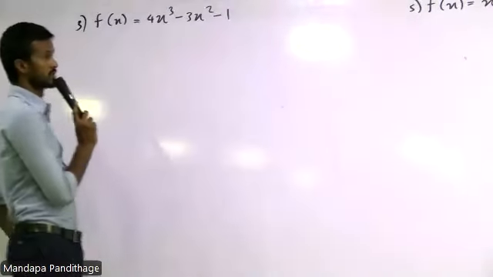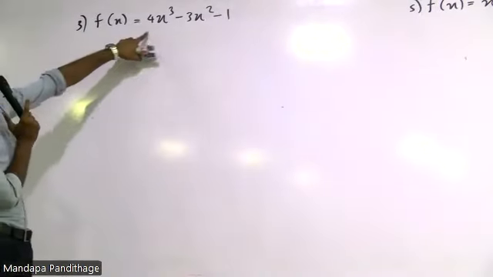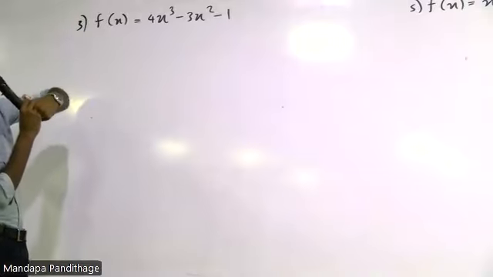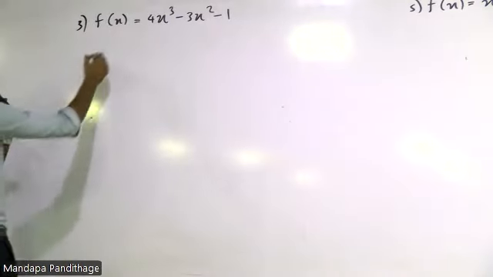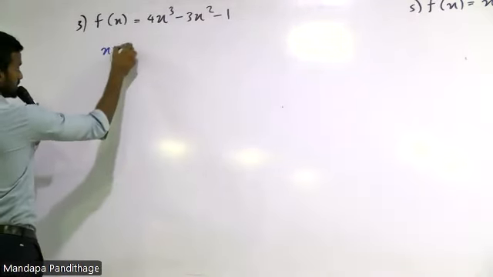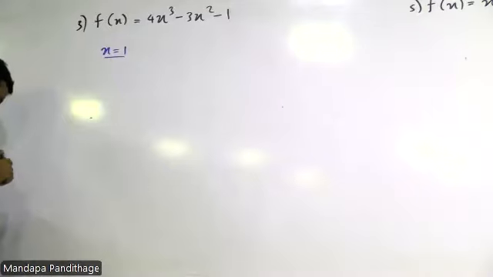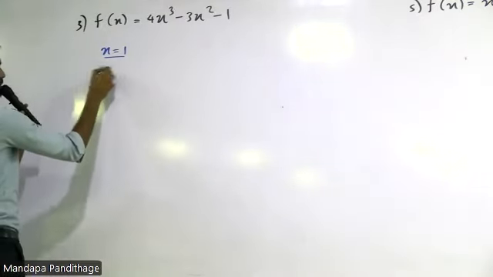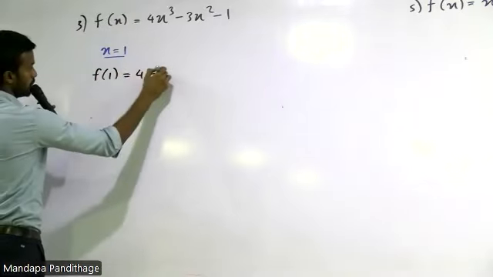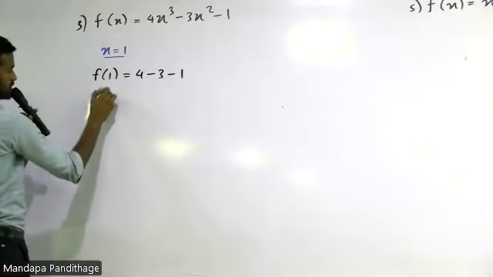Okay, keep doing the work. Here, you can see if you put x equals 1, you get 0. So I'm substituting x equals 1. I get f(1) is equal to 4 minus 3 minus 1, which is 0.